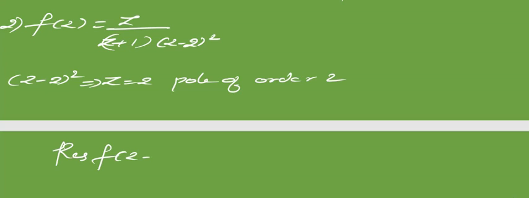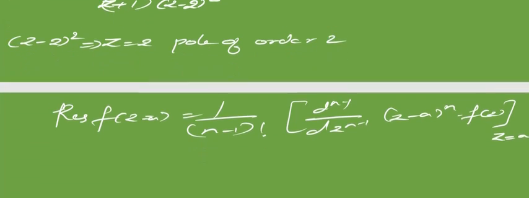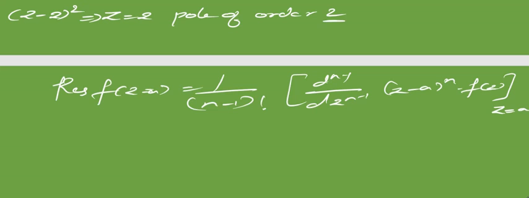Residue of f of z at z equal to a is 1 by (n minus 1) factorial, d to the power n minus 1 by dz to the power n minus 1, of (z minus a) whole power n into f of z, for the limit z tends to a. Because here we have an order mentioned, this is nothing but the value of n.